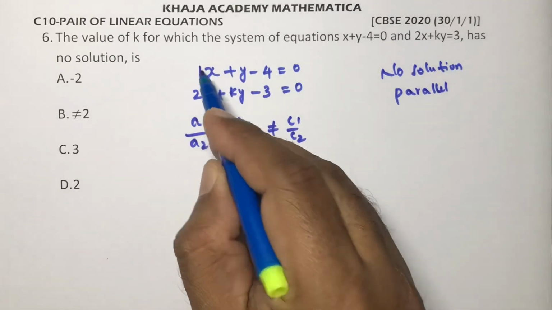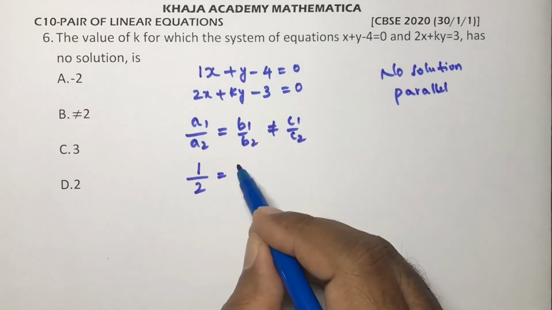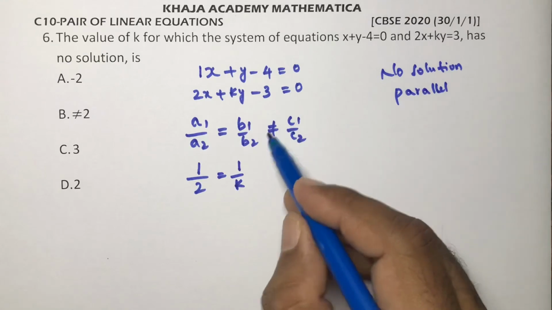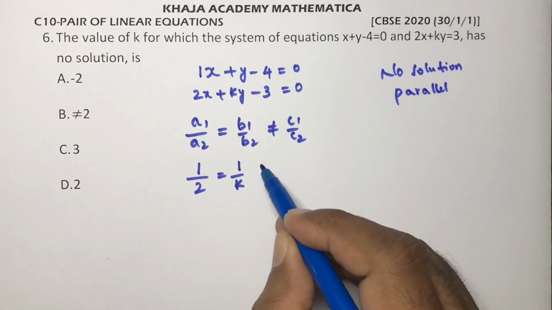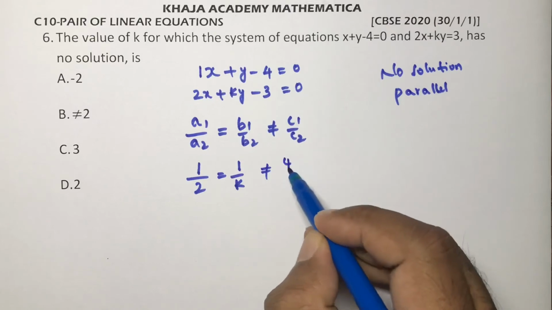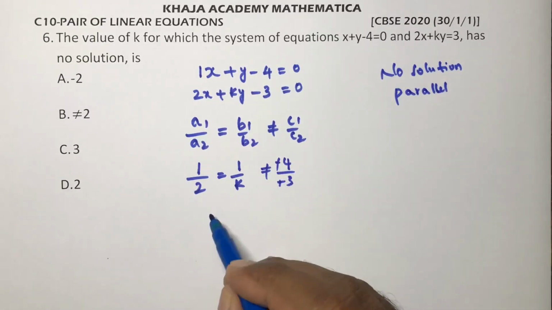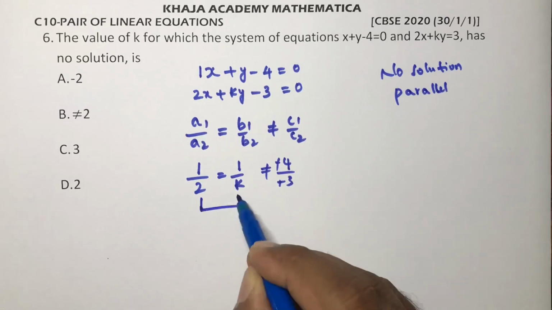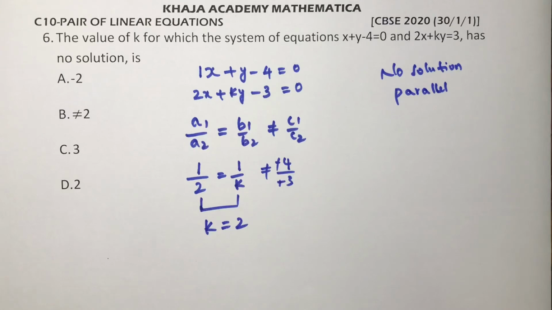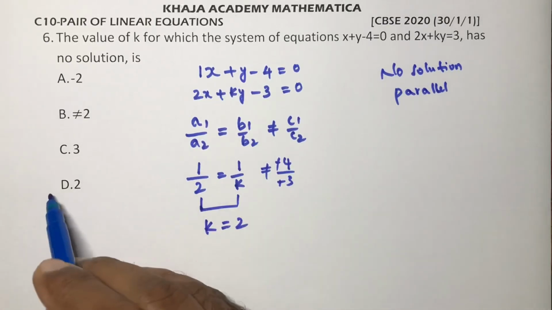So a1 by a2 is 1 by 2 equals 1 by k, and it is not equal to minus 4 by minus 3. So if we take these two, k equals 2. The value of k should be 2. So the correct option is D.